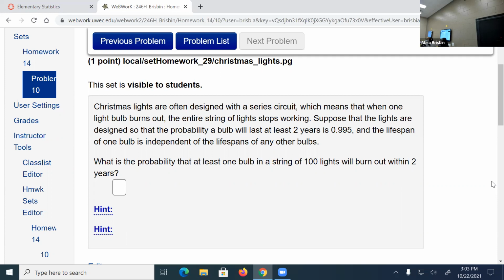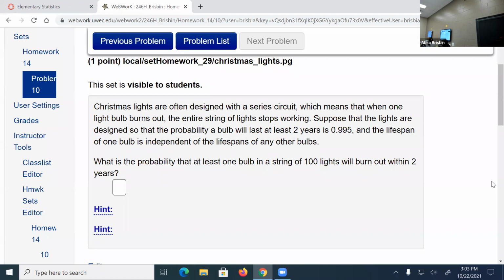So there are 2 possible options. We have a fixed number of bulbs, 100, and the probability that a bulb will last at least 2 years is 0.995, so it's the same for all the bulbs, independent of all the other bulbs. So when you put those things together, yeah, it's binomial.